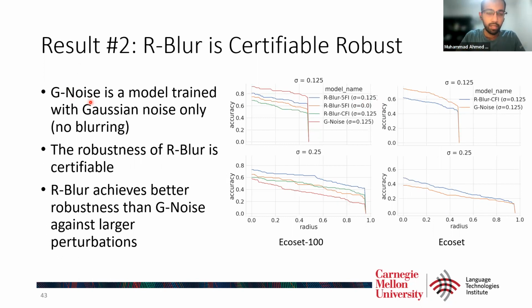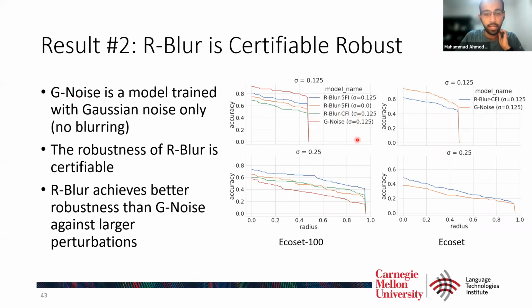So both G noise and R blur use some amount of noise during training, and the sigma corresponds to that. What we see here is that even if we do not add any noise while training R blur, it still has a high degree of certifiable robustness.